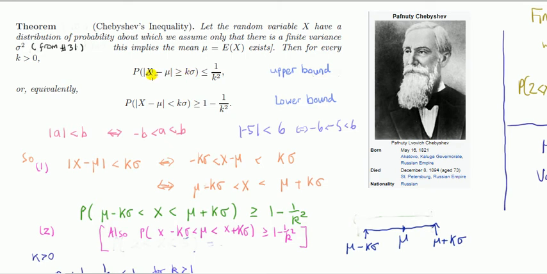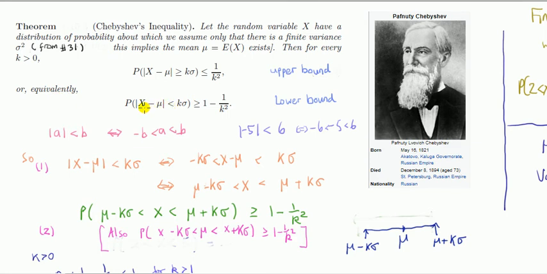This says that the distance between a random variable x and a realization of it and the mean exceeding k times sigma, k standard deviations, is not more than this number. This number, 1 over k squared, is then what we call an upper bound. It's like the ceiling value, because this probability cannot exceed this thing here, so we call it an upper bound.